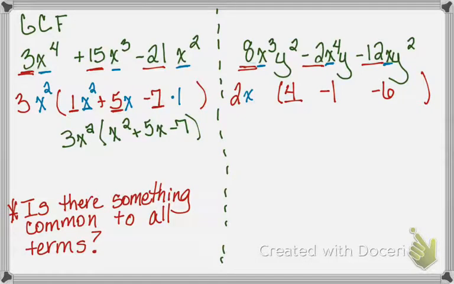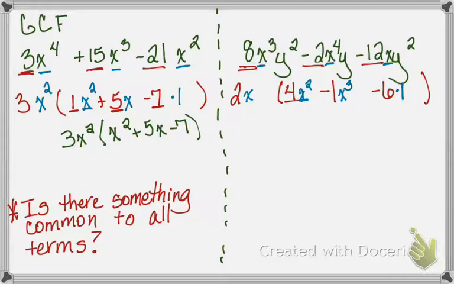X times what gives me x to the third? X squared. X times what gives me x to the fourth? X cubed. Excellent. Okay, x times what gives me x? Good. And I'm going to write my 1 in there for this step.